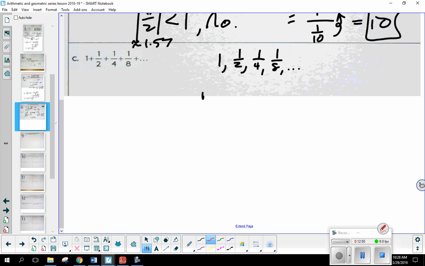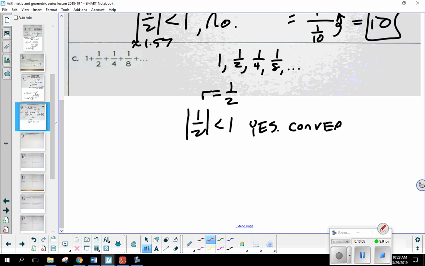Oh, okay. So if r is equal to 1/2, will the absolute value of 1/2 be less than 1? Yes. Okay, so if it fits that condition, it's going to converge, and that means we can find an infinite sum. So the infinite sum is always the first term divided by 1 minus r.